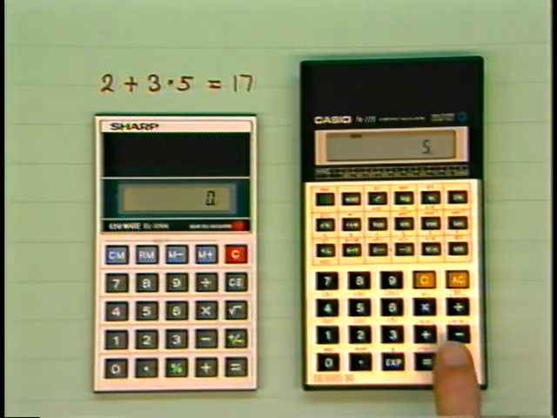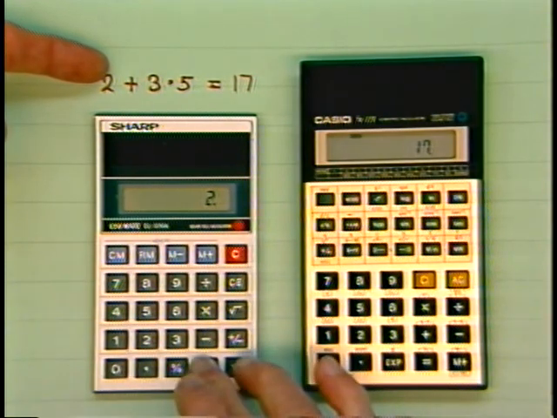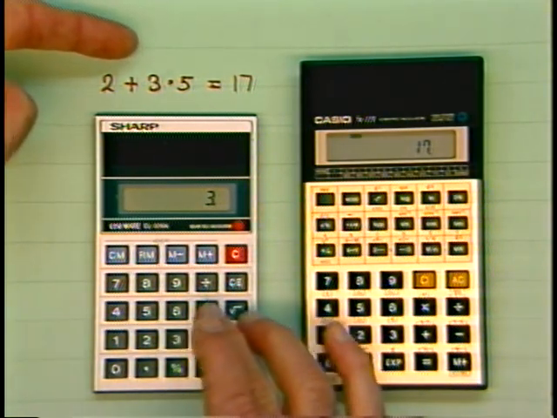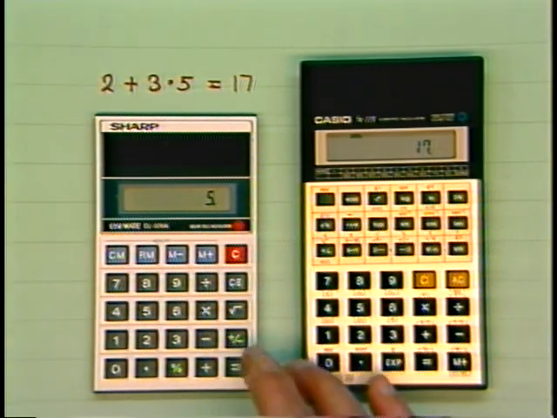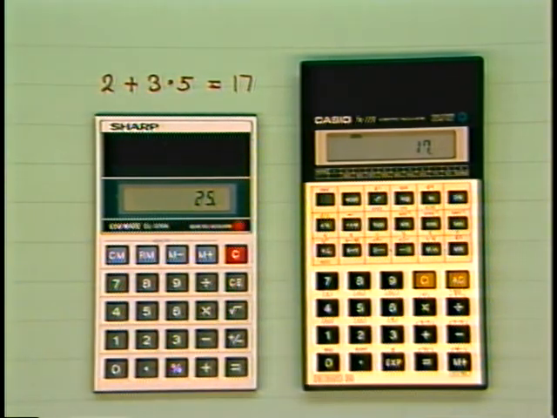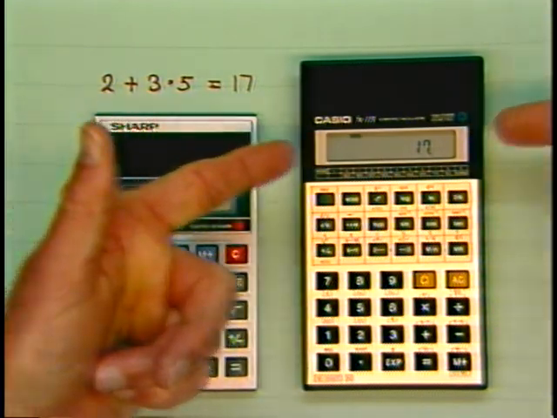But look what happens here. I get the correct answer. But if I were to do the same thing over here, 2 plus 3 times 5 equals, I get the wrong answer. What happened? Well, on scientific calculators, the order of operation is built right into the circuitry.